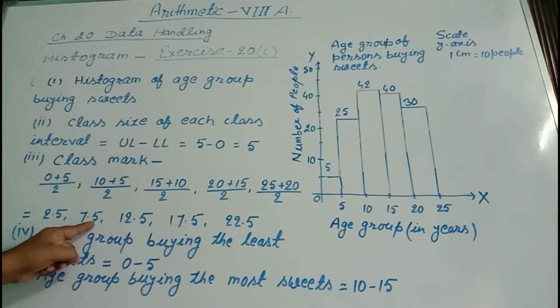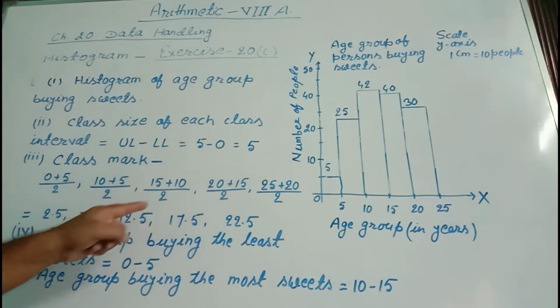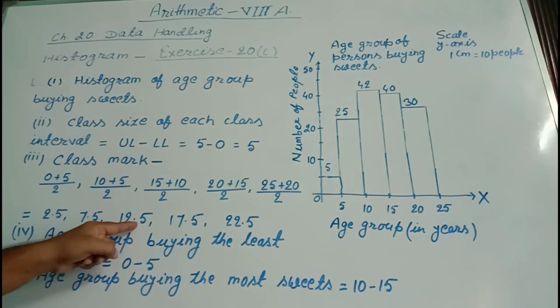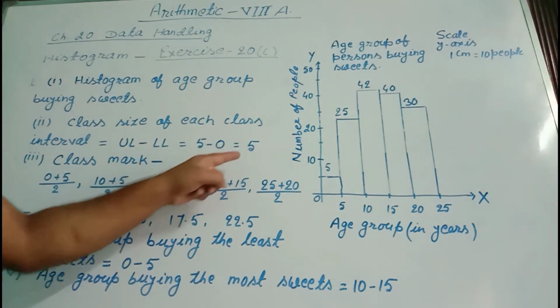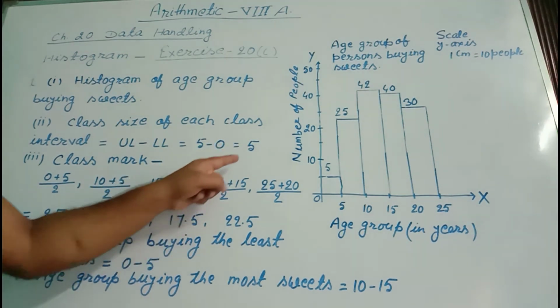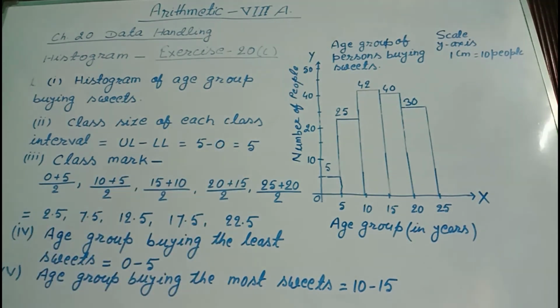Similarly, 7.5 plus 5 equals 12.5, which is the class mark of the third class interval. Similarly, 12.5 plus 5 equals 17.5, and 17.5 plus 5 equals 22.5.